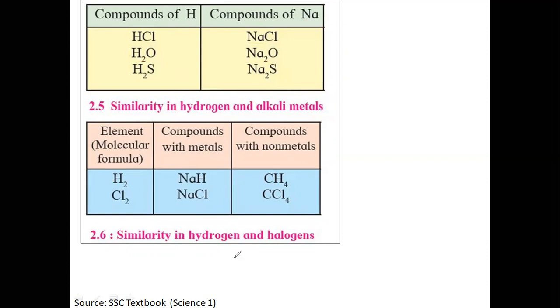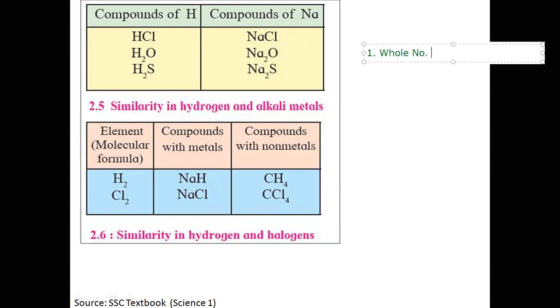So here we completed the topic called demerits of Mendeleev's periodic table. Just note the keywords. The first is about whole numbers and atomic mass numbers, that is, he arranged according to whole numbers. The example is cobalt and nickel.